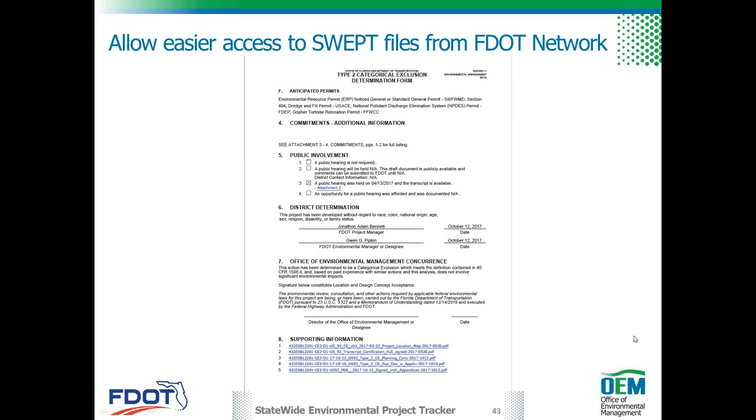One note is any confidential attorney work products, which is one of the things you can designate on a file in SWEPT, which typically wouldn't be attachments to a document like this, but those are going to be explicitly, you'll have to have a SWEPT login, you'll have to be on the project team. Those are still going to be locked down, but I think 99% of your attachments, this will allow those folks to have access.